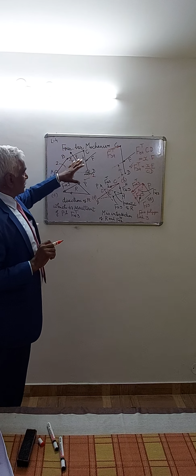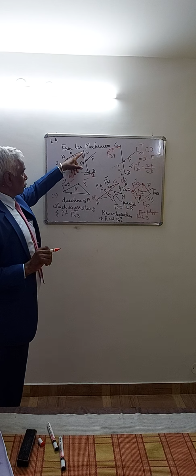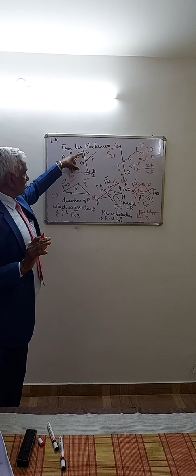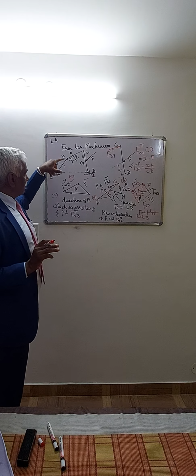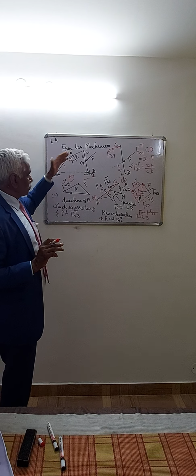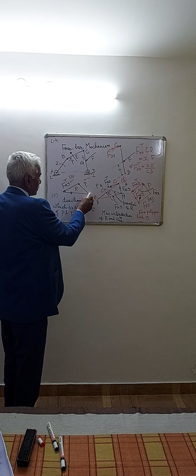Only the direction, the direction of their resultant. The line of action of one force is passing through point C, that is F43T, and the other force is passing through E, that force is P. So these two forces are acting on link number 3. The resultant will be obtained by joining the ends of the forces.